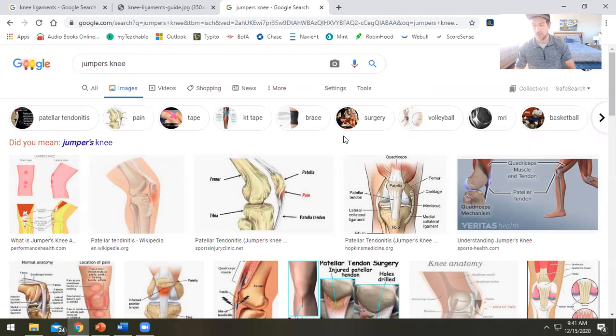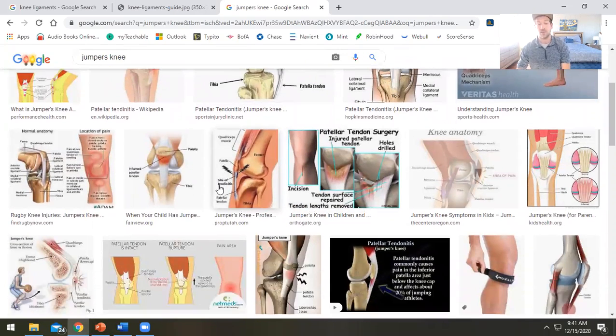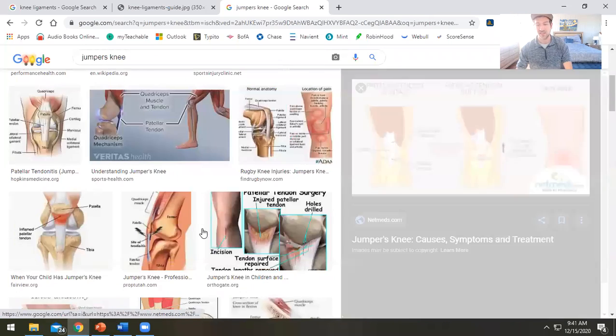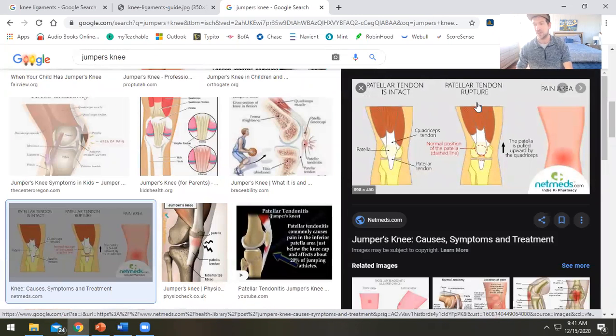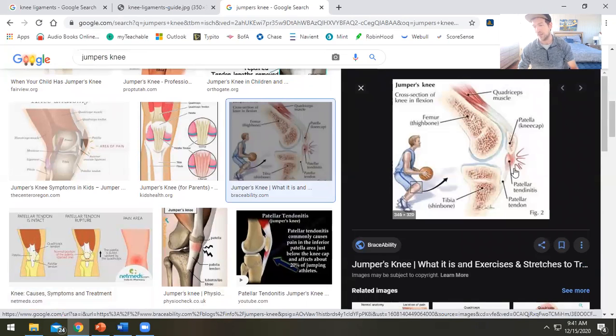It's very common in basketball players, super common in basketball players, and it often happens because of tight quadricep muscles. And basically what's happening, I mean, this is going to show you a full rupture, don't worry about that. But basically this patellar tendon right here that's supposed to run over top of the kneecap and insert, it just gets really tight. And so it starts rubbing on the very, very bottom, this sort of sharp part of the kneecap right there. And so you'll get patellar tendonitis, AKA jumper's knee.